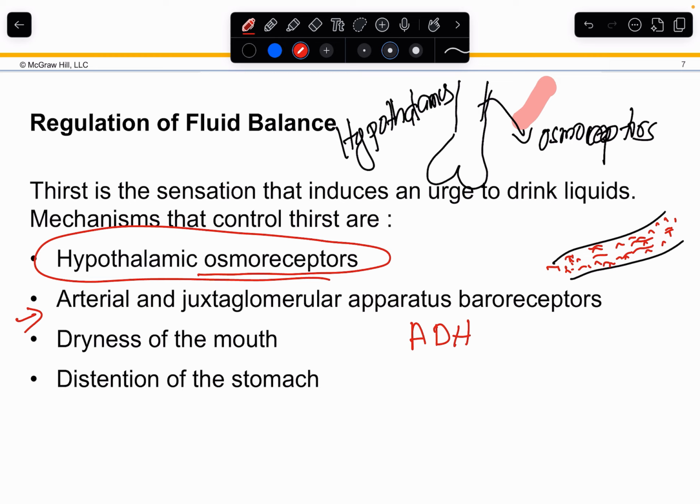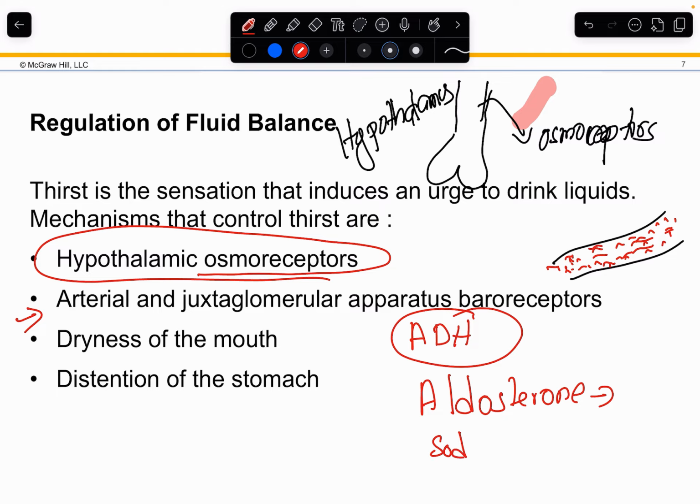You need more water. Then another one is aldosterone. What does this promote? Sodium reabsorption.